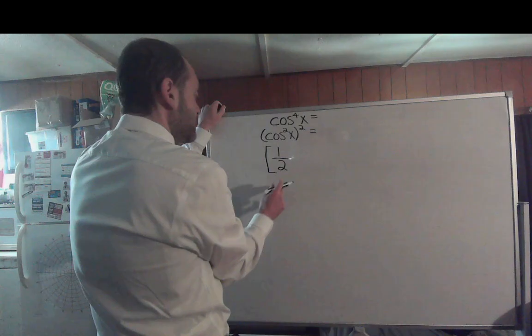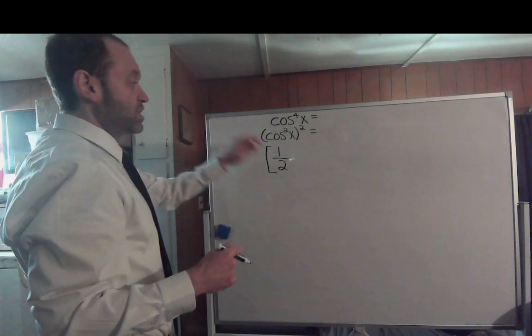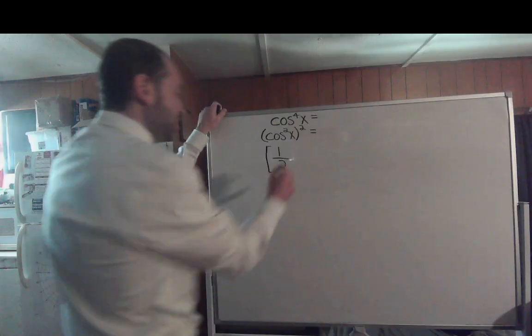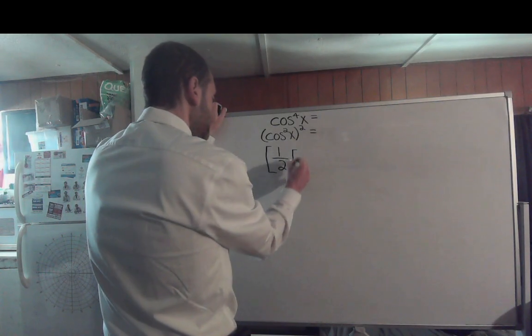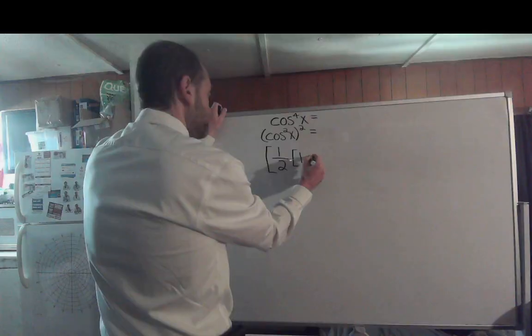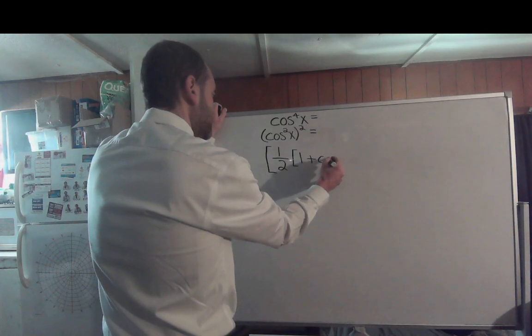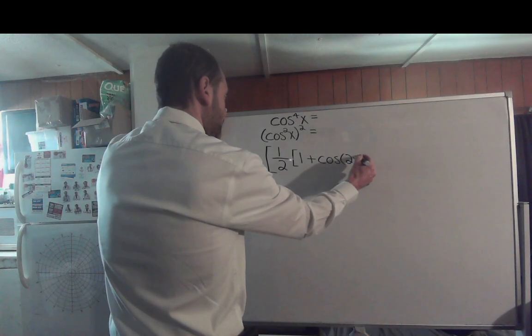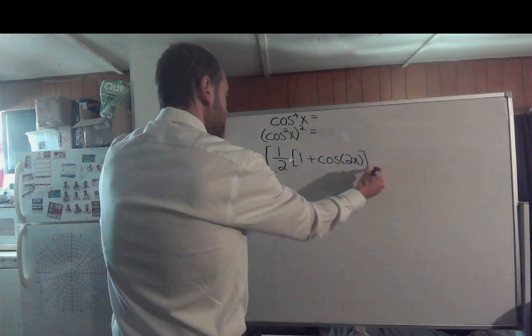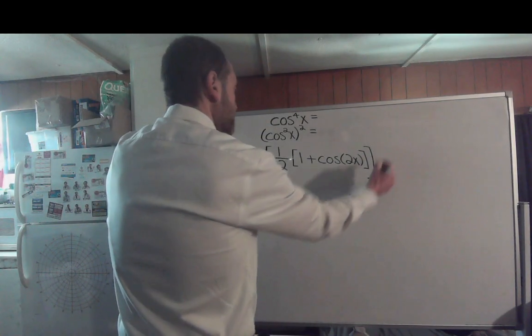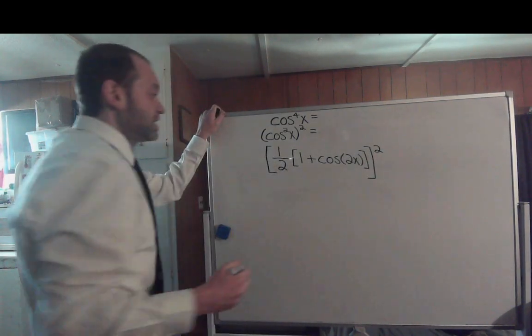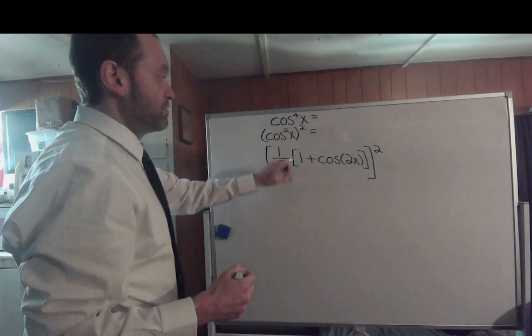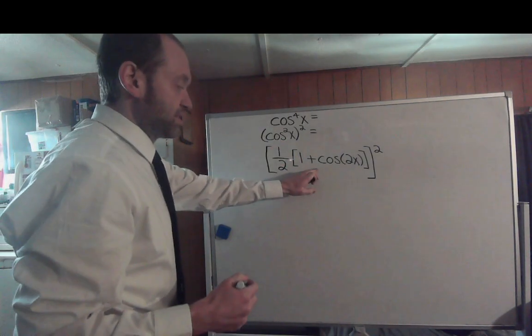So it's going to be, of course, cosine squared of x is 1/2 times 1 plus the cosine of 2x. So we're going to square this whole quantity because this is what the cosine squared of x is equal to.